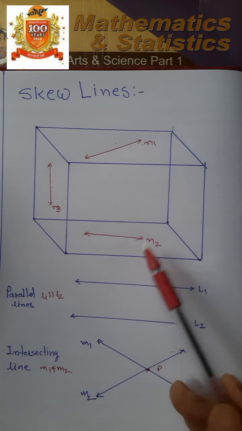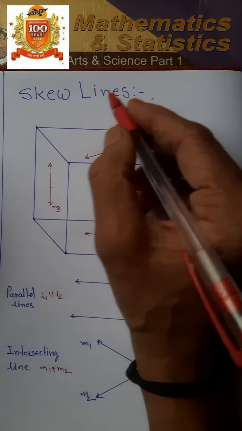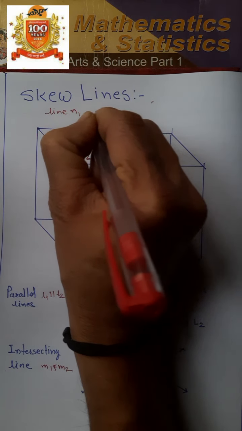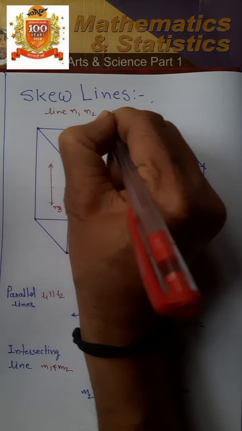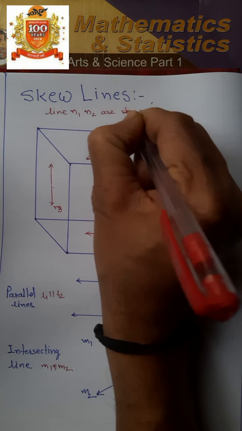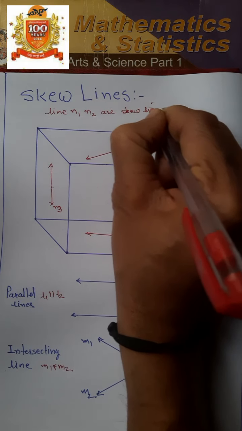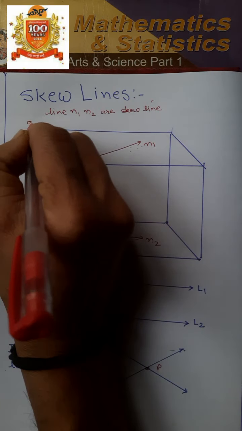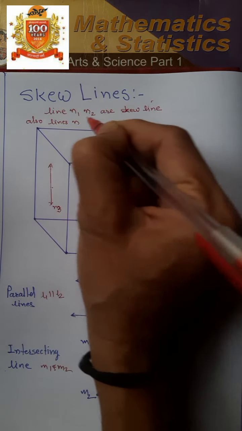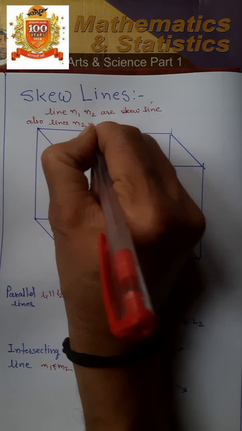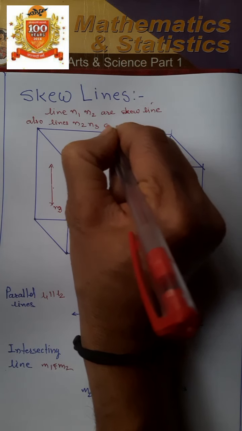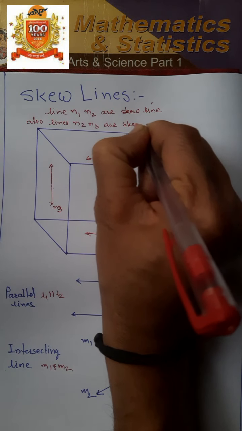Such lines are called skew lines. Here lines N1 and N2 are skew lines. Also, lines N2 and N3 are skew lines.